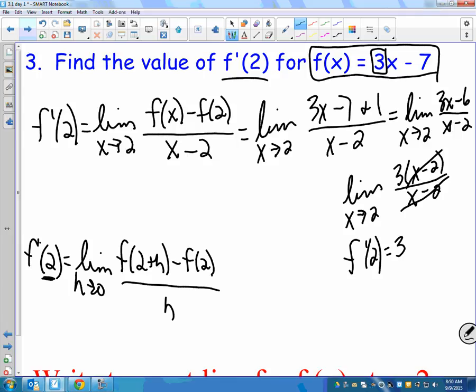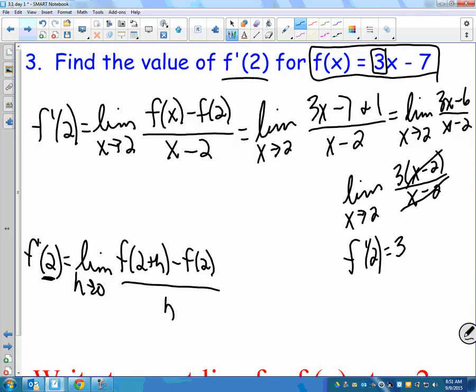If it's linear, you already know the slope. You've been doing the slope of that since you were like 12. It's just 3, right? So when there's no x left at the end, that means it's always 3. It doesn't matter what number you plug in.